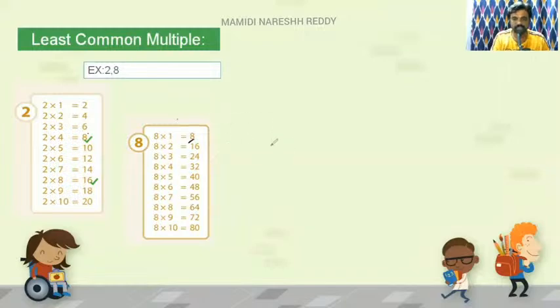So here I am writing 8, comma, 16, comma, 24, and so on. These are the first common multiples. Among these common multiples, see the definition: the least natural number which is divisible by each of the given numbers. We have taken two numbers, 2 comma 8.